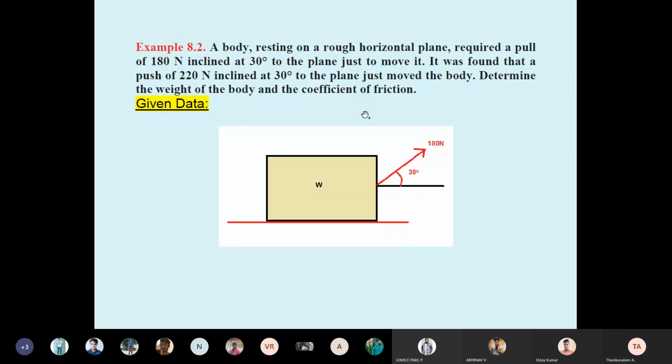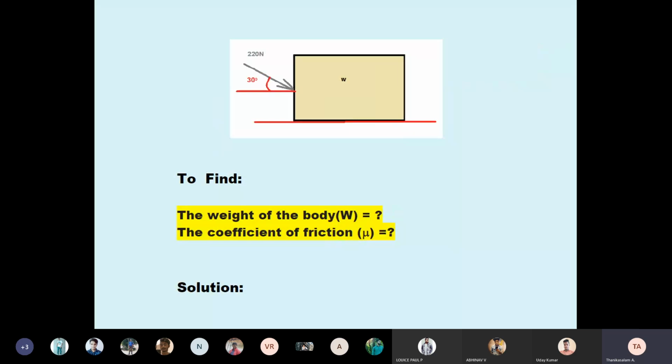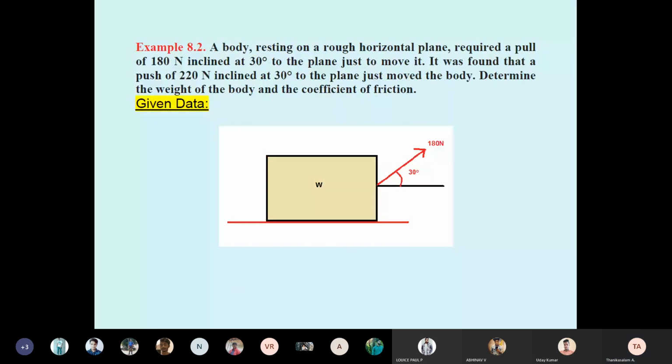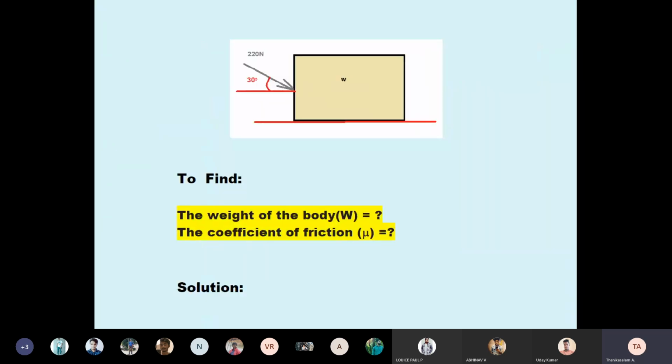It was found that a push of 220 Newton inclined at 30 degree. Generally pushing is from the back side, that's why I take the left side, and pulling the right side. Now they asked what is the weight and the coefficient of friction. Same body, they try to move to the right side. For pulling, they need 180 and angle 30. For the same body moving by pushing, they need 220 and 30 degree.